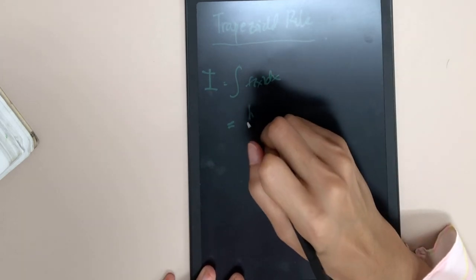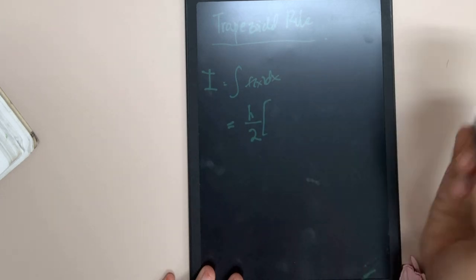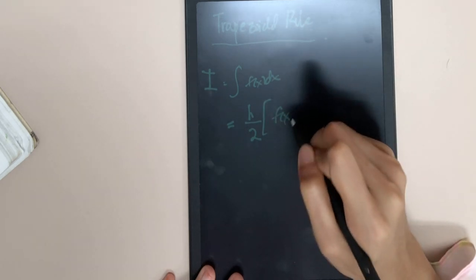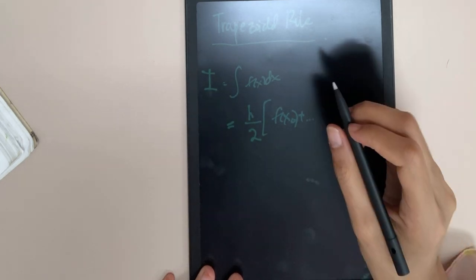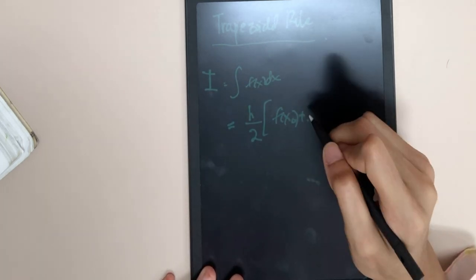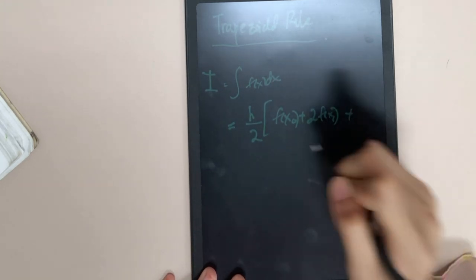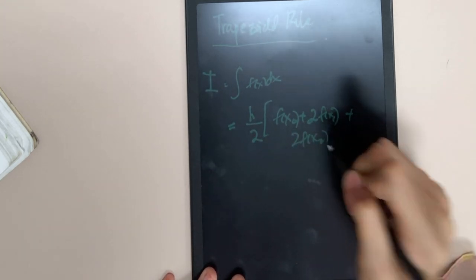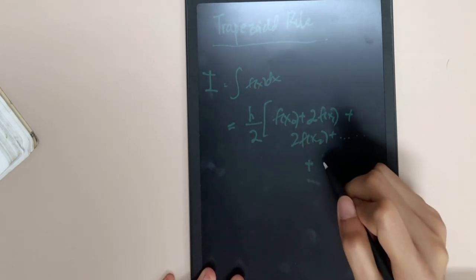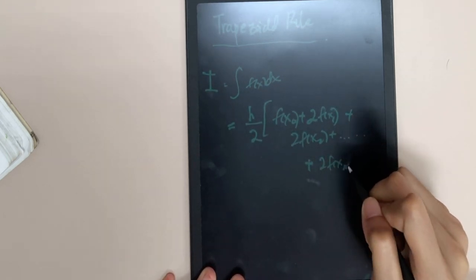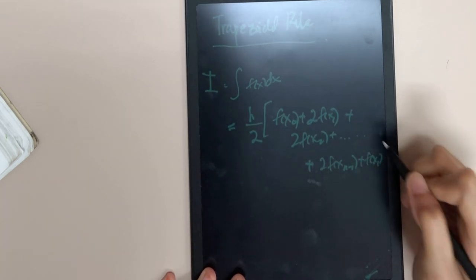The trapezoidal rule formula is given by h/2, and inside the bracket we have f(x0) plus 2f(x1) plus 2f(x2) plus and so on, plus 2f(x_{n-1}) and plus f(xn).